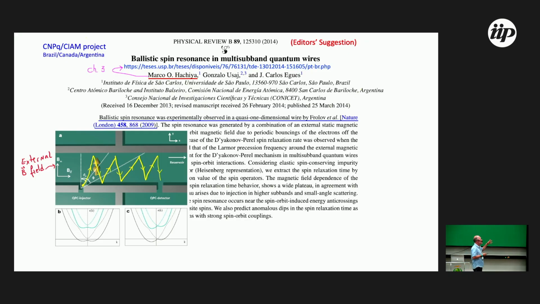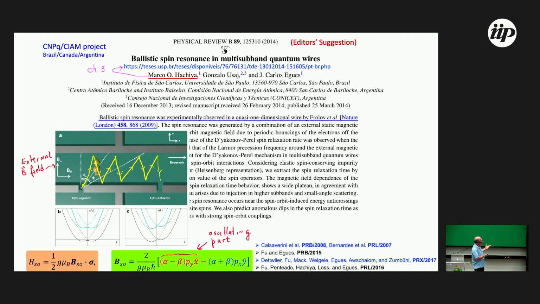And the explanation they had was basically using the spin-orbit interaction in the wire.